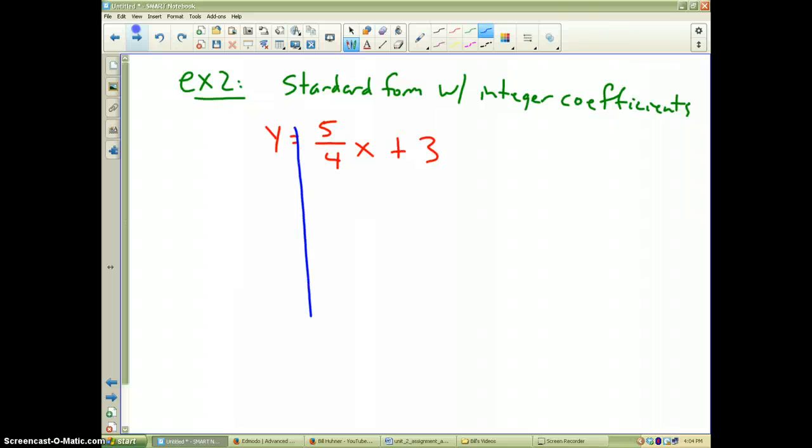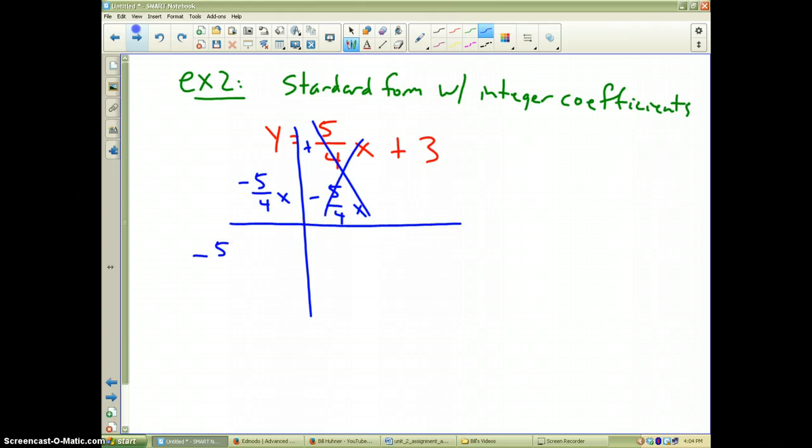All right, hopefully you did the balance scale. It's positive 5/4, so I'm going to subtract 5/4 x from both sides. These will cancel. I get negative 5/4 x plus 1y equals 3.